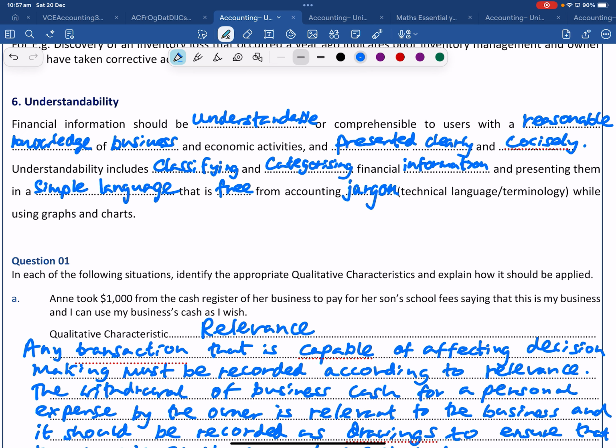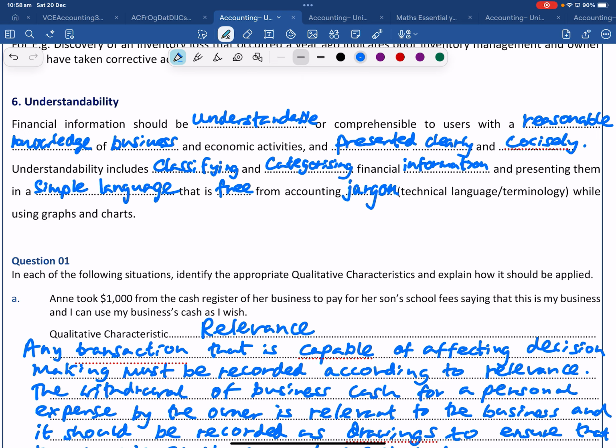Okay, guys. Does this make sense? What does it say? This one says the financial information that we are presenting to the users should be understandable, or comprehensible, to users with a reasonable knowledge about businesses and economic activities.